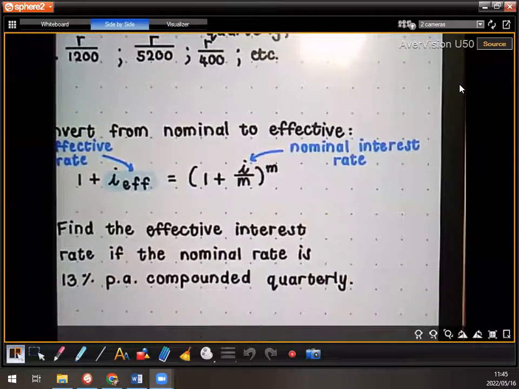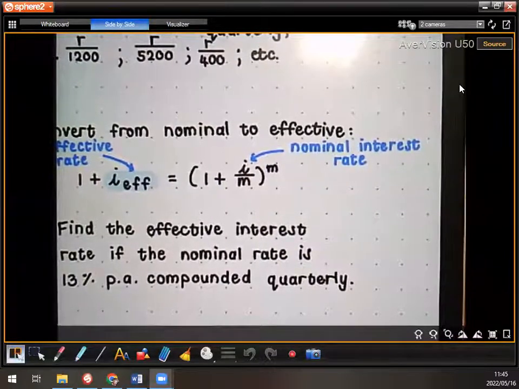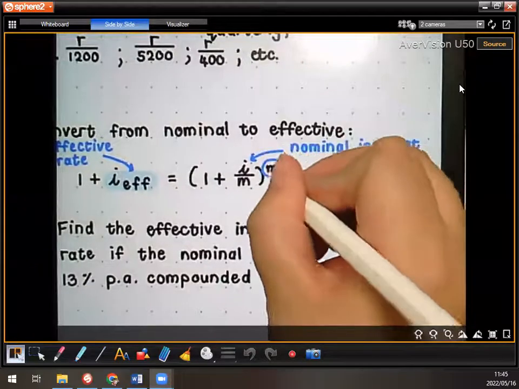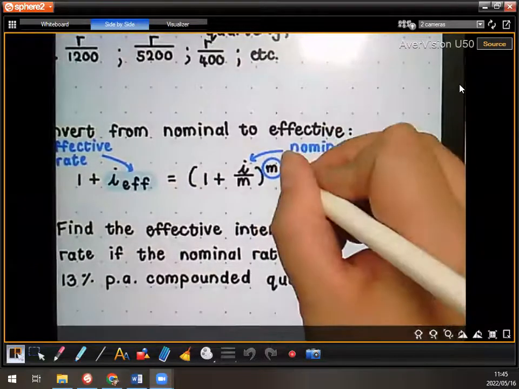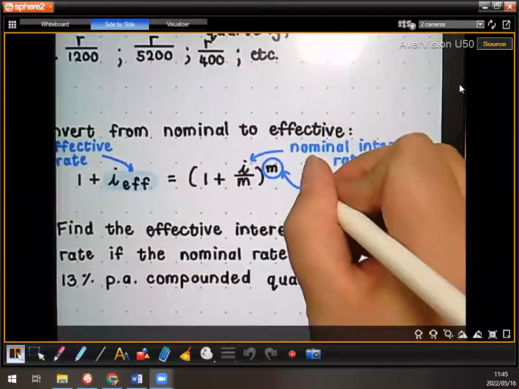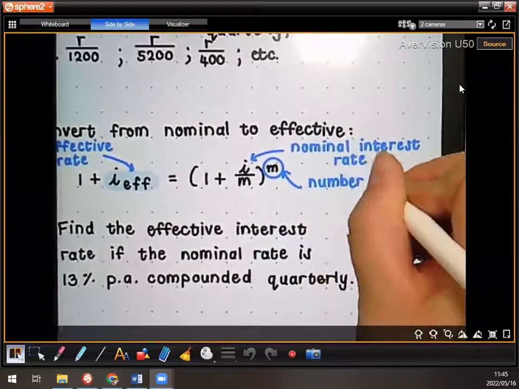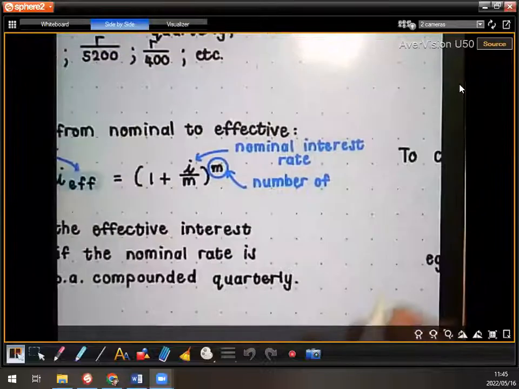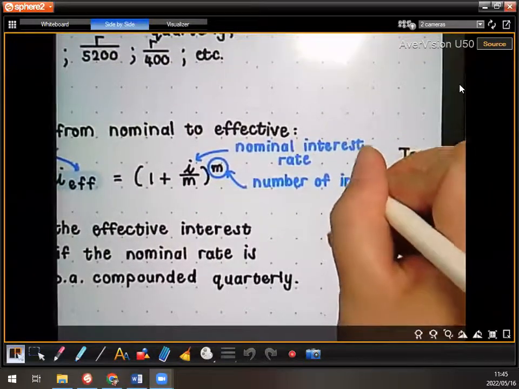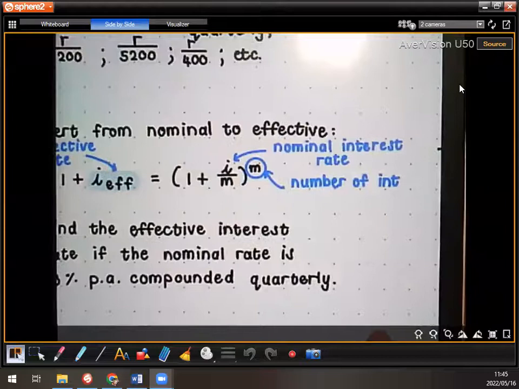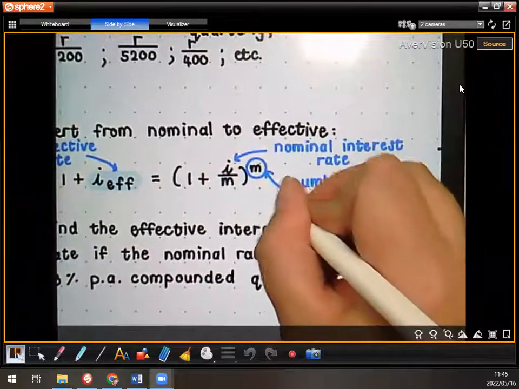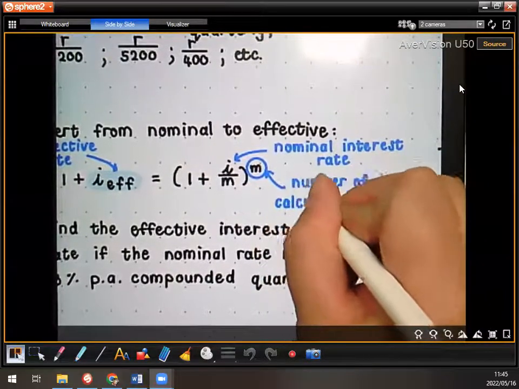But remember, in our normal formula, we have an n. And n is the number of interest calculations, right? So if it was quarterly for 10 years, we said 10 times 4. Now, m is just the number of interest calculations in 1 year.